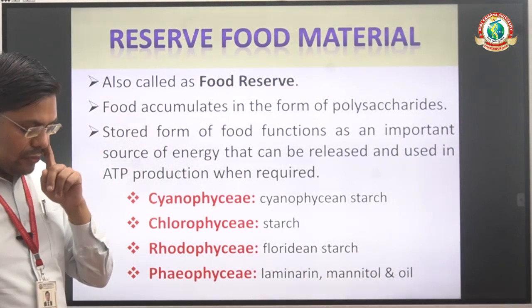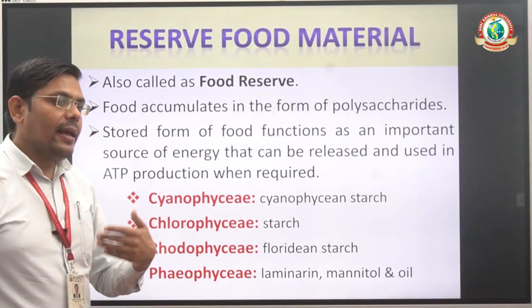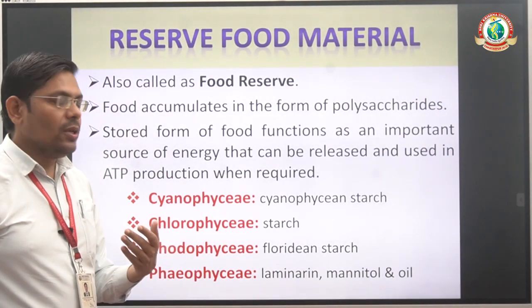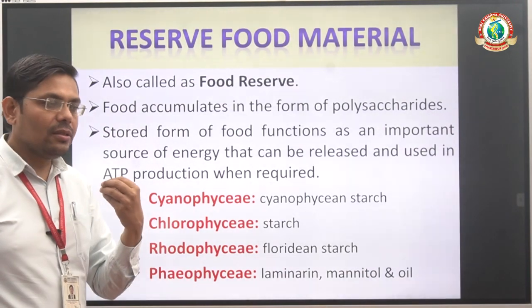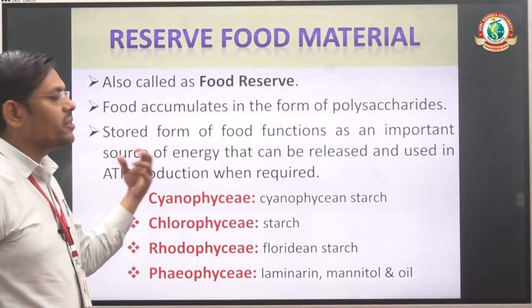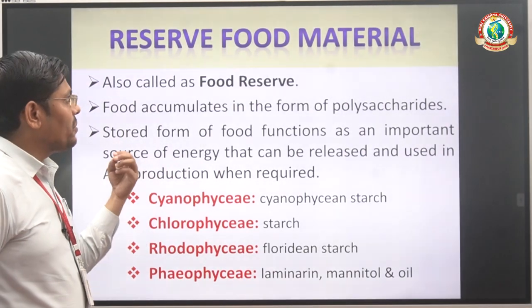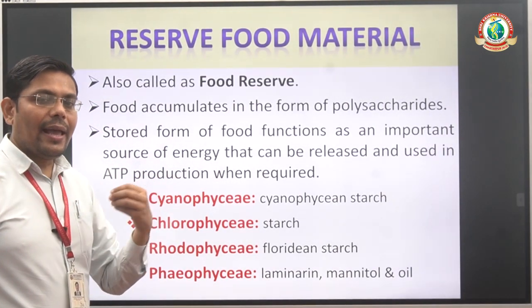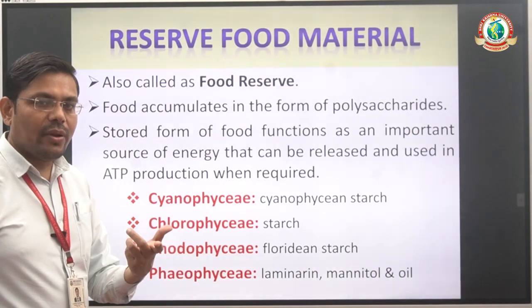Now, what is the reserve food material? When an alga synthesizes its own food, the food is stored in the form of reserve food, and from this reserve food the alga derives its energy or ATP.